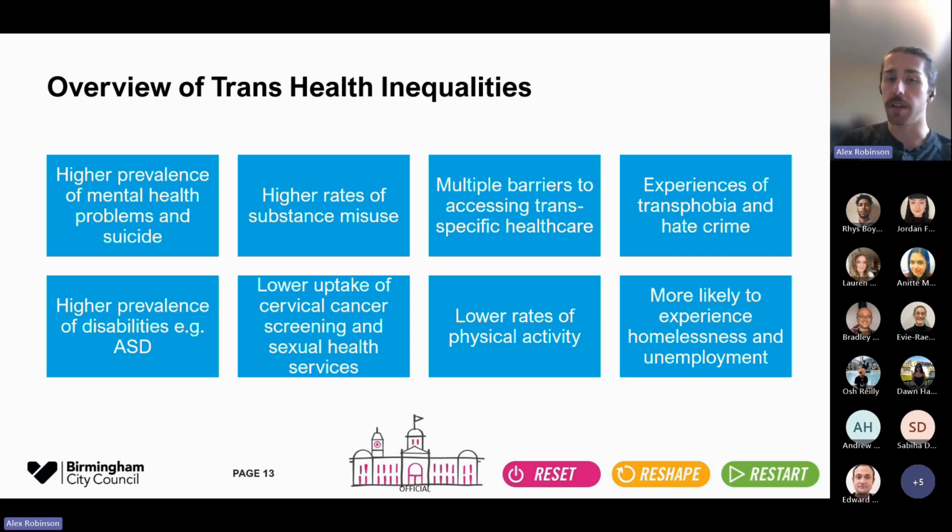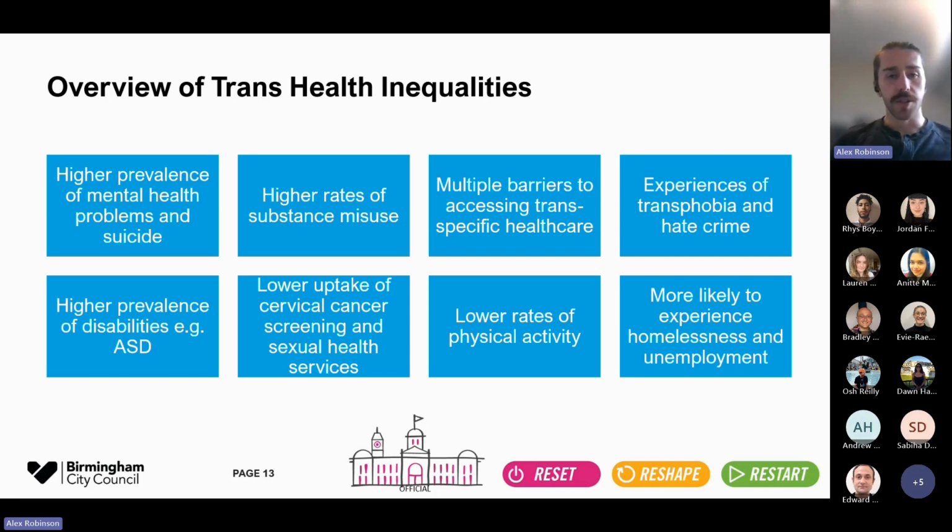In terms of discrimination, 93% of trans survey respondents in one study said they'd experienced transphobia in the last 12 months. And there's also been a 789% increase in transphobic hate crimes from 2010 to 2021.